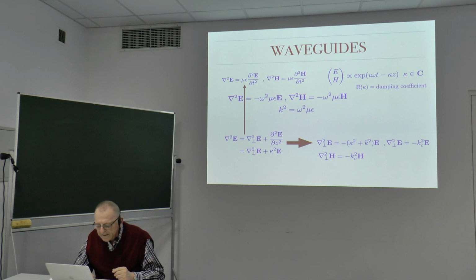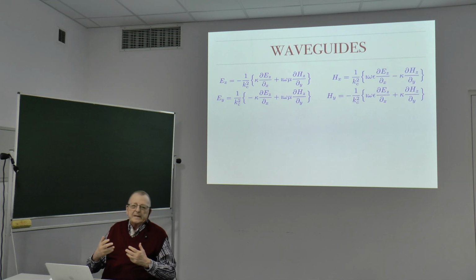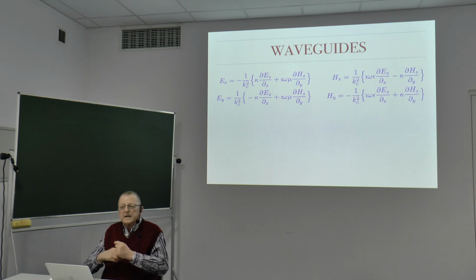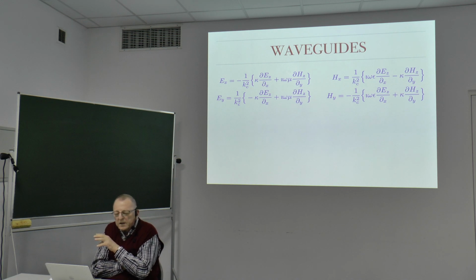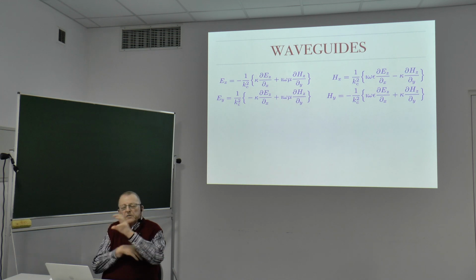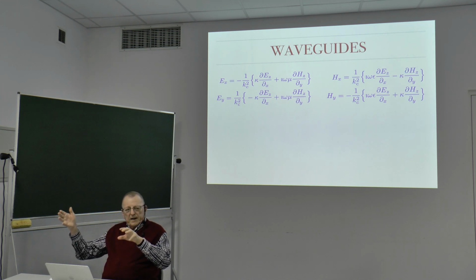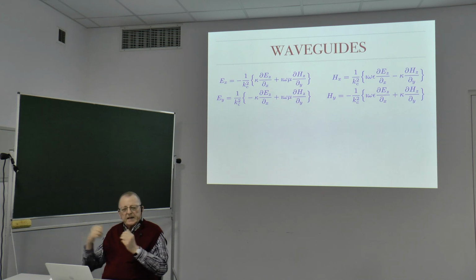Okay. So this is our equation, and now we have to solve it. But remember that we also have the additional part of the Maxwell equations, namely those which say that the rotation of the electric field is proportional to the derivative of the magnetic field, and the rotation of the magnetic field has on the right-hand side a derivative of the electric field.